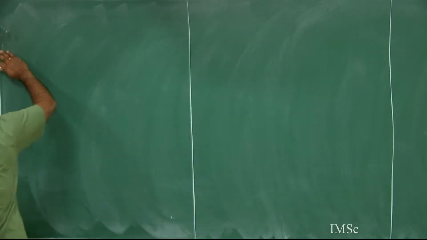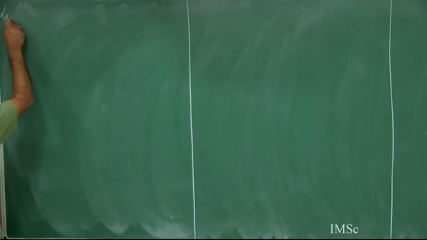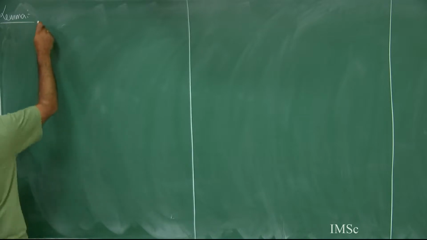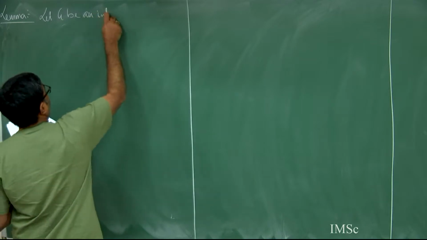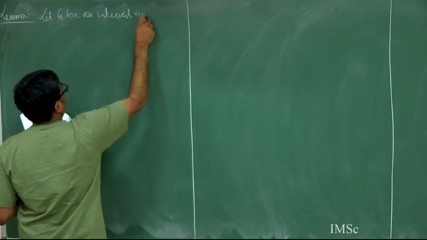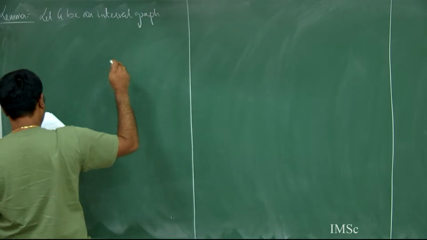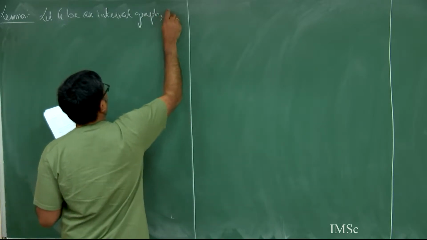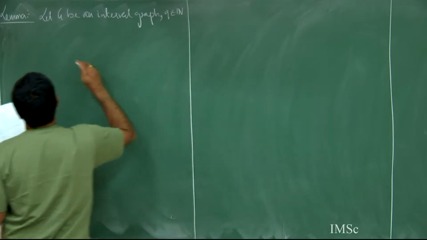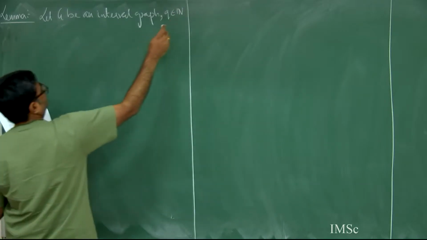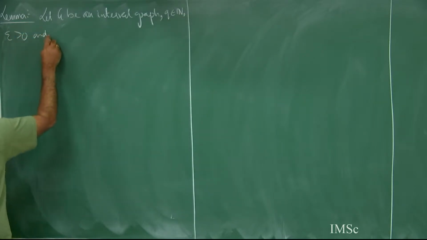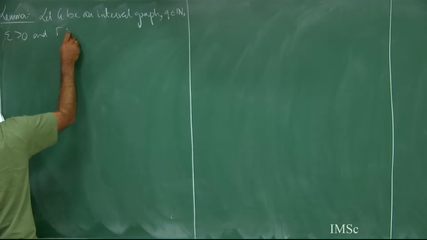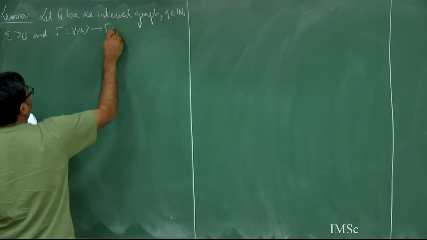So last time we saw the proof of the following lemma. Let gamma be a labeling function from 1 to q.